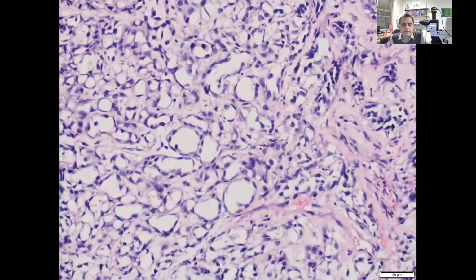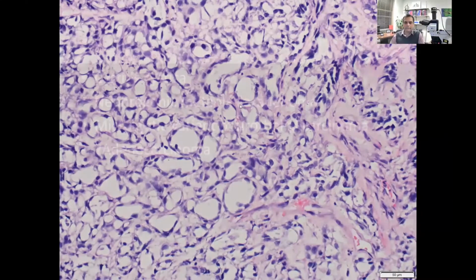And then in other areas, these cystic elements seem to kind of conglomerate into these microcystic little tubules. And now the lining cells became a little bit more flattened, and they look almost like endothelial cells or blood vessels in here.